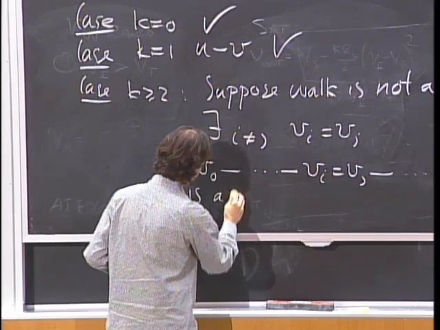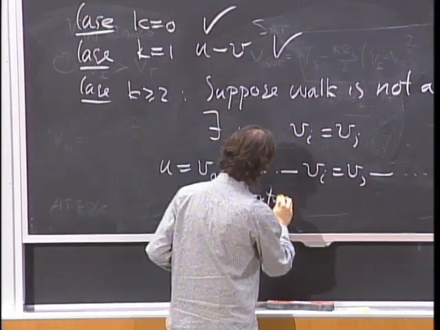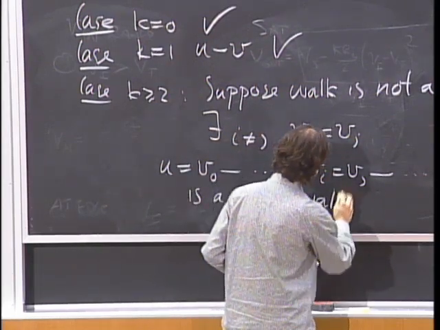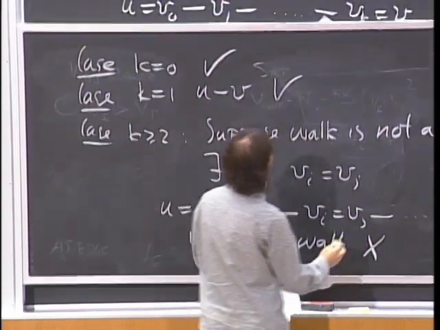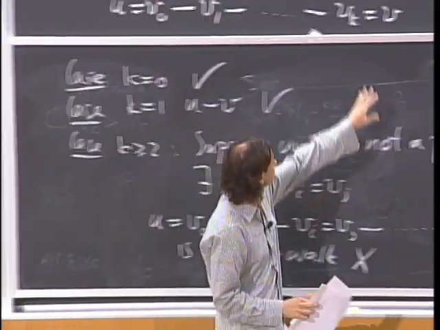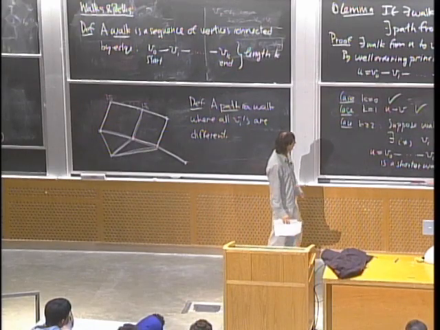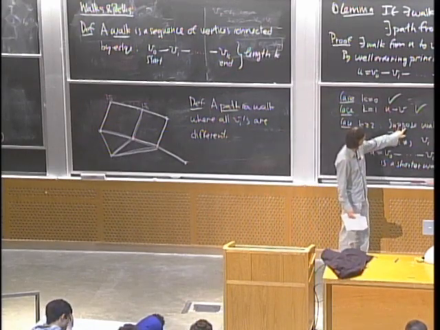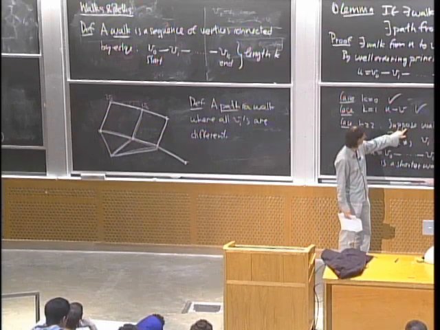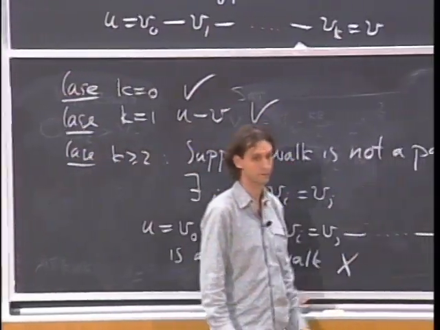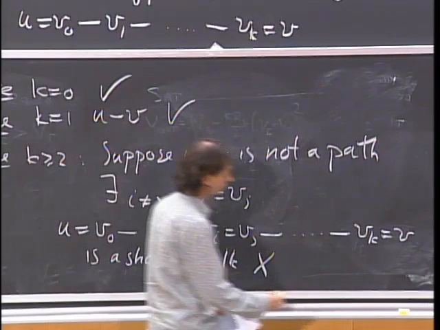Now this is a shorter walk, and this contradicts our assumption of minimality. So that means that our assumption over here is not true. So the walk is actually a path. So this concludes the proof.